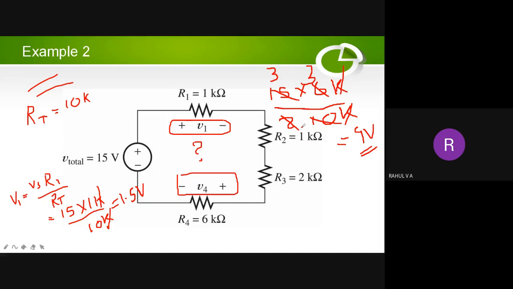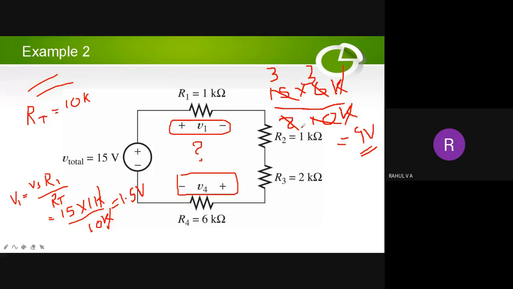Without using formula, tell me what is the voltage drop across R2 and R3? Okay, 3 എന്ന് പറയുന്ന ഒരു ആൻസർ വന്നിട്ടുണ്ട്. അത് R2 ആണോ R3 ആണോ? R3. Okay. So voltage drop across R2 is same as voltage drop across R1. So it is 1.5 volt.